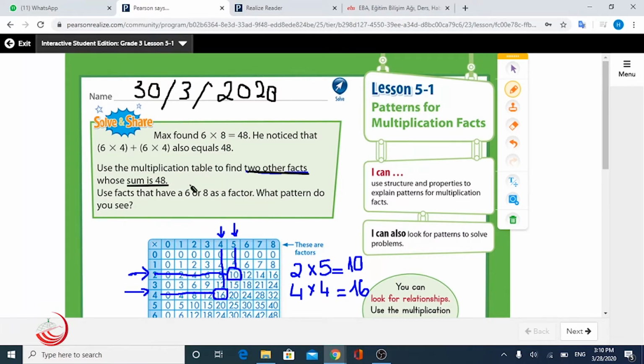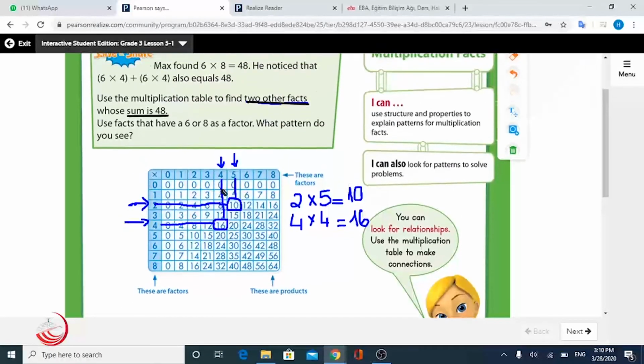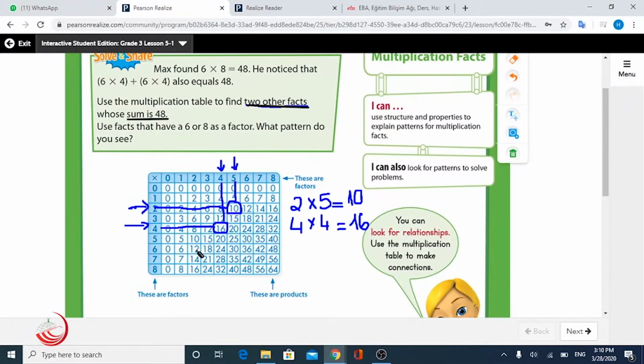Use the multiplication table to find two other facts whose sum is 48. Now we need to find where 48 is in the multiplication table. We can see 48 right here, and also right here. So we can see it two times.